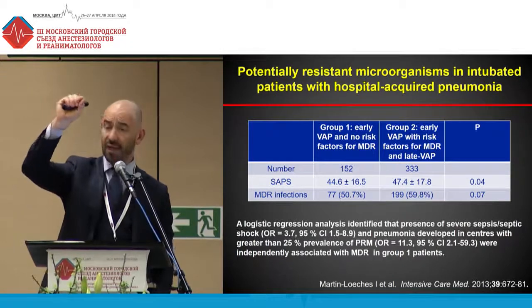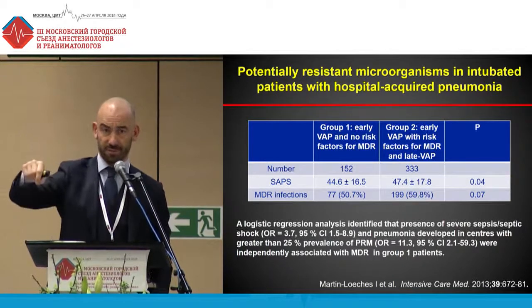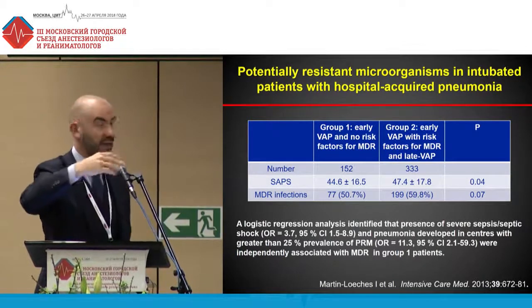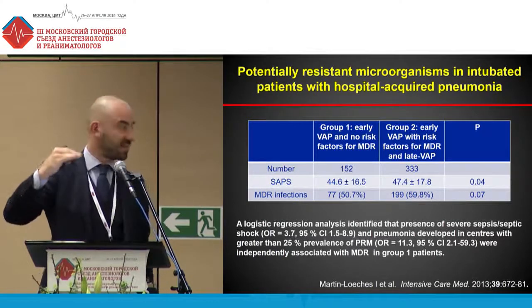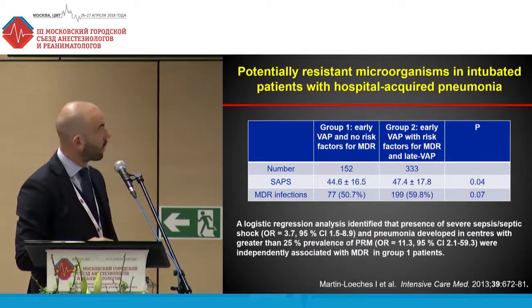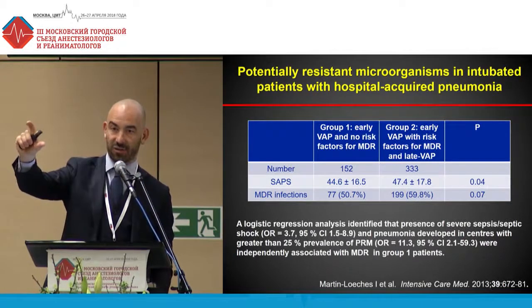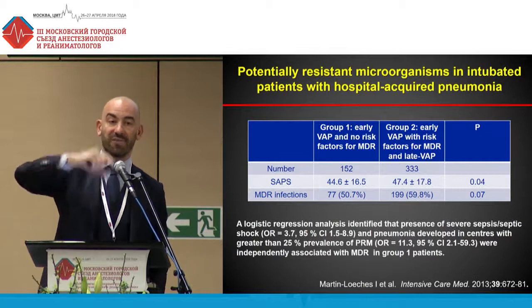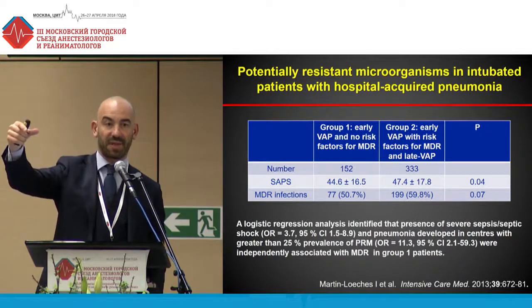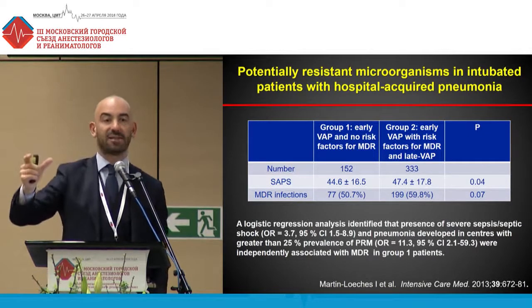So if you are in Russia, in Moscow, which we know is a city with a very high incidence of MDR, this is probably more important than the days on mechanical ventilation. Being in an ICU with a very high prevalence of MDR is probably more important than the days of hospitalization.